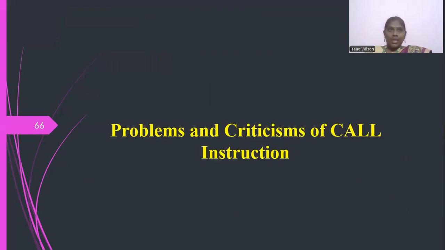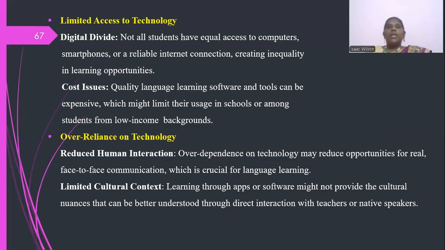Besides, though we have n number of advantages, we have the problems also, since it relates to technology elements. As we have discussed in the problems and challenges in online teaching and learning, here also the same thing applies.